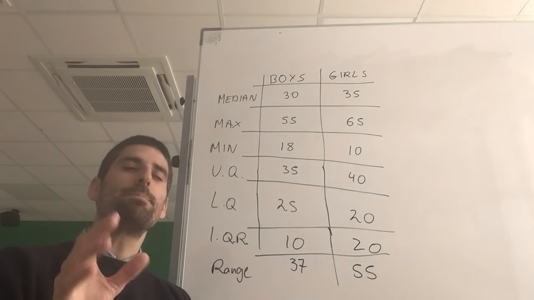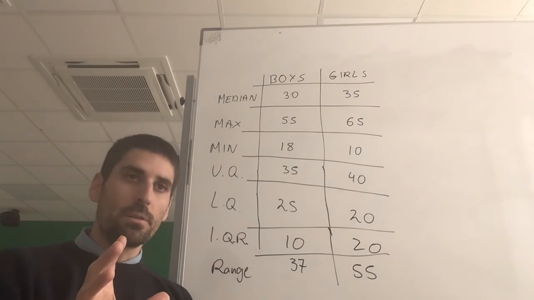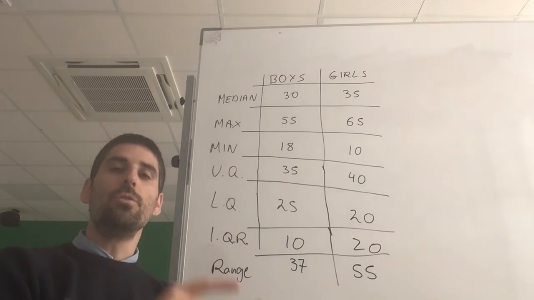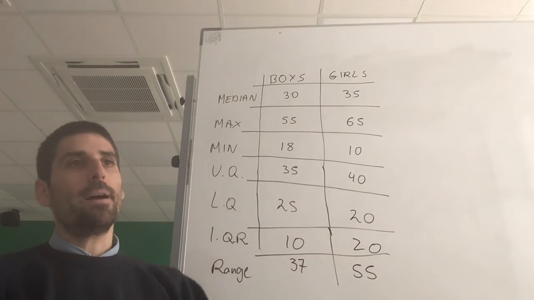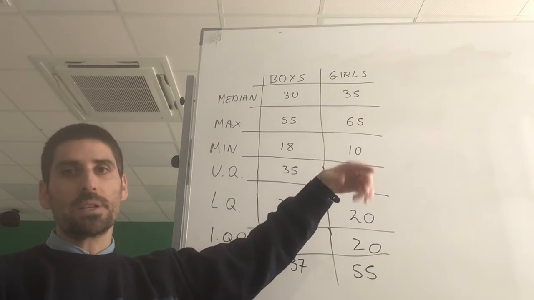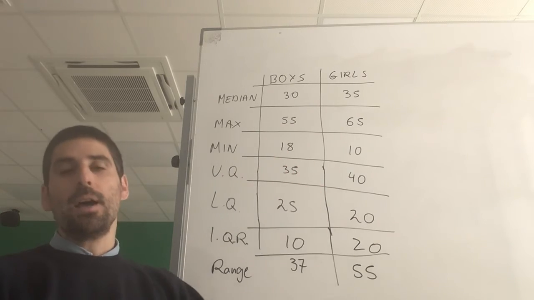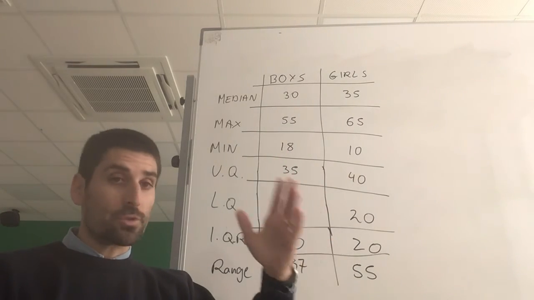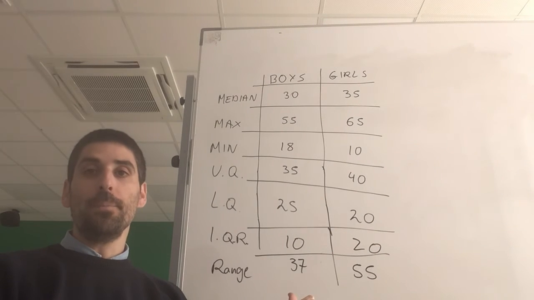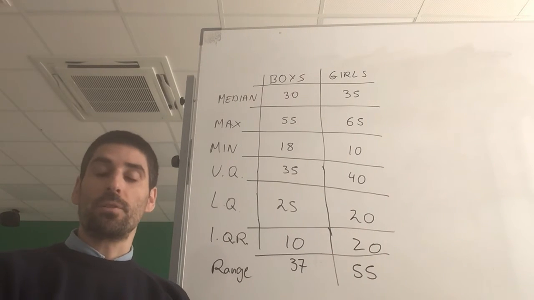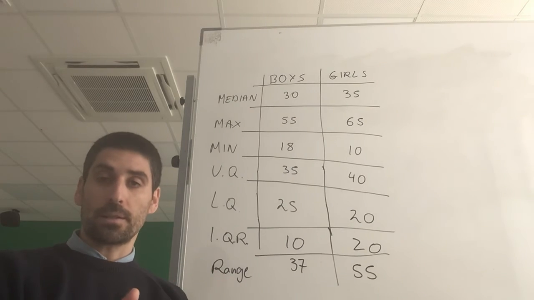Please, please, please do not, I repeat, do not do the following in the exam. Do not compare the highest point of the boys with the highest point of the girls. And please do not compare the lowest point of the boys with the lowest point of the girls. Those things don't get you marks, okay?